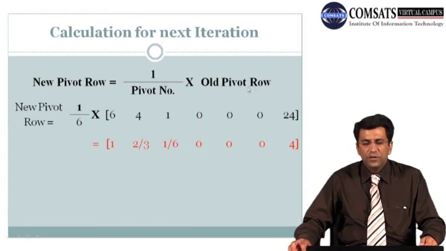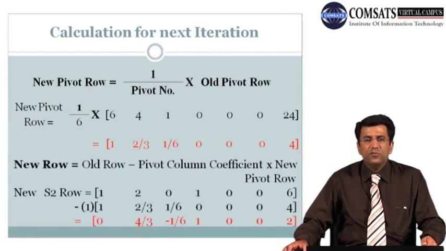Now we will put the value of that pivot number in this formula, and we will rewrite our old pivot row here in this particular format, and we will calculate these values. That is, we will divide all the values in this row, and we will get the new pivot row. So this is the way we can calculate the new pivot row.